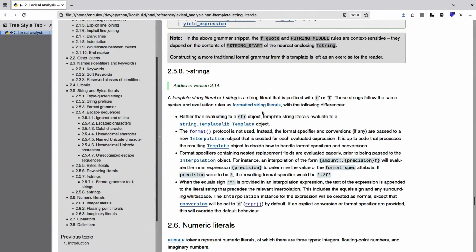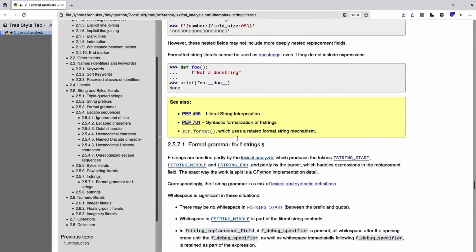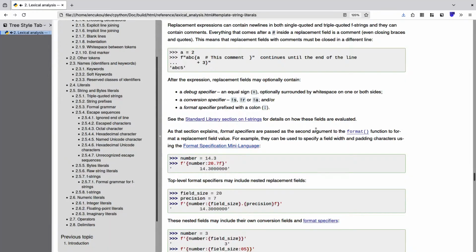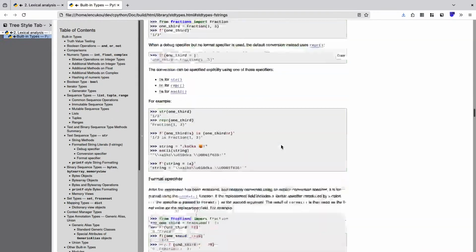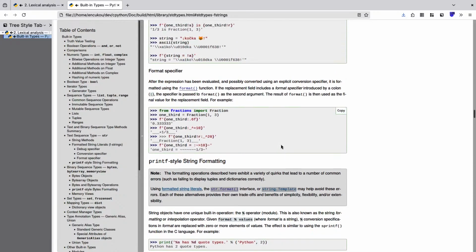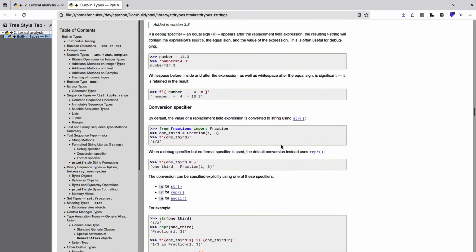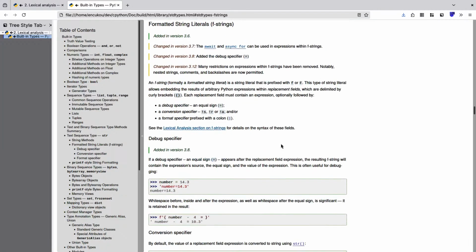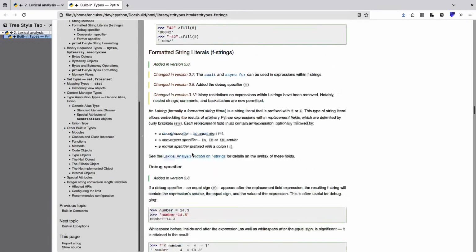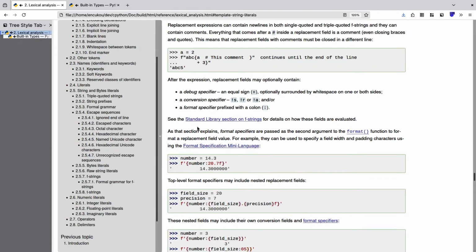So what are the differences? They evaluate to a template object. The format protocol is not used. Instead, okay, but we don't really say much about the format protocol. Oh, here. So that's the standard library section on f-strings. So this says nothing about t-strings. Okay.